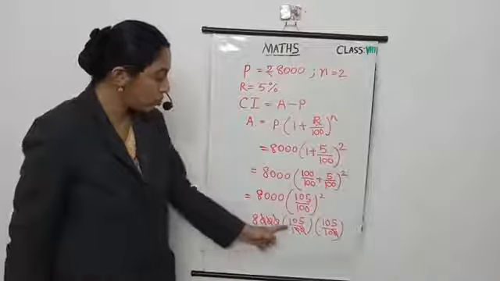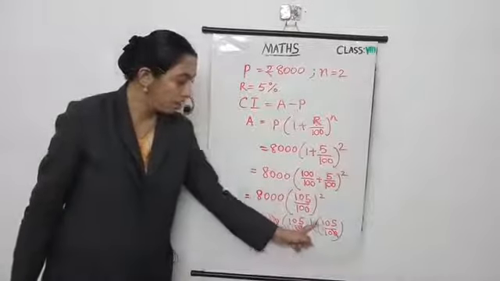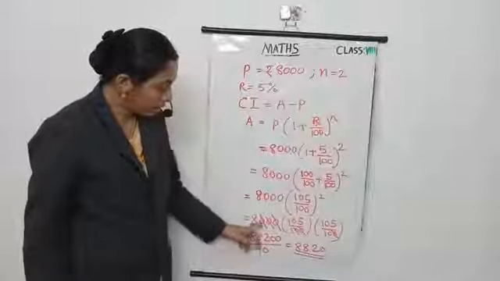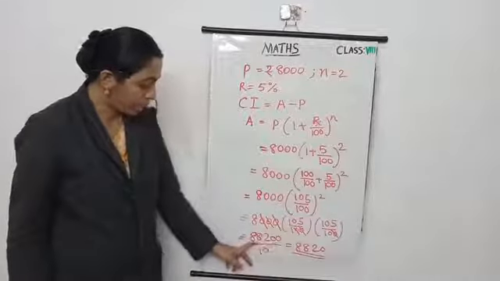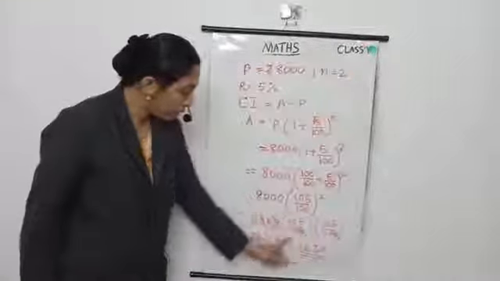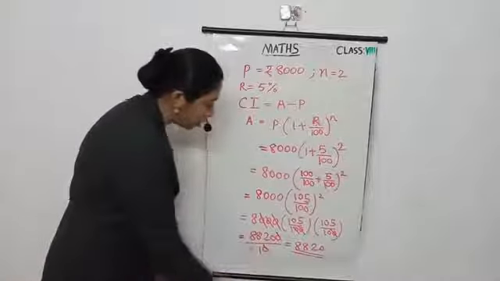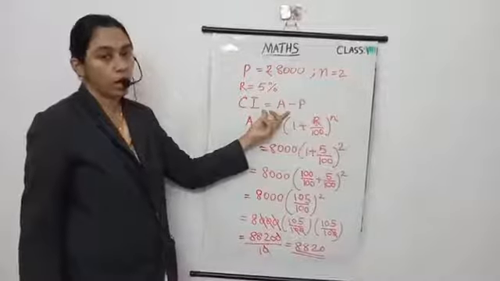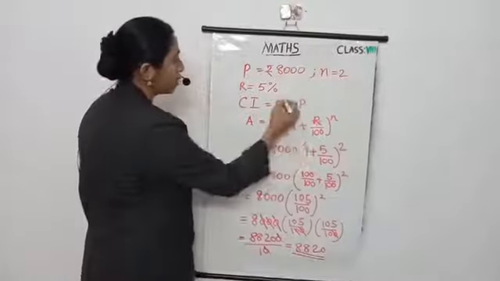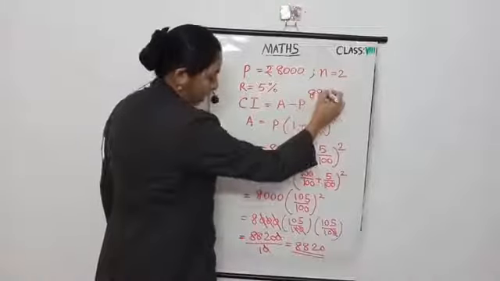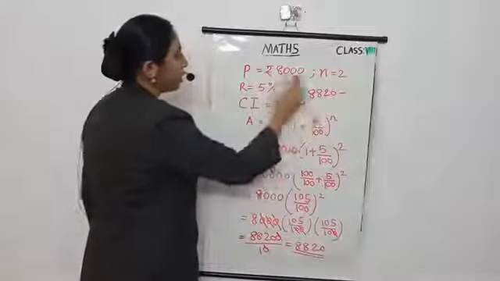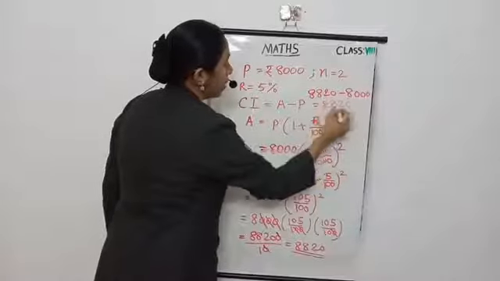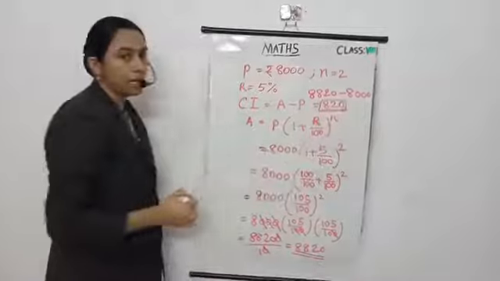Now 8 into 105 into 105 divided by 10. 8 into 105 into 105 we get 88,200 divided by 10. Cancel the zeros, so we get 8,820. Now CI, that is A, substitute A is 8,820 minus P is 8,000. Subtract, we get 820. So compound interest is 820.